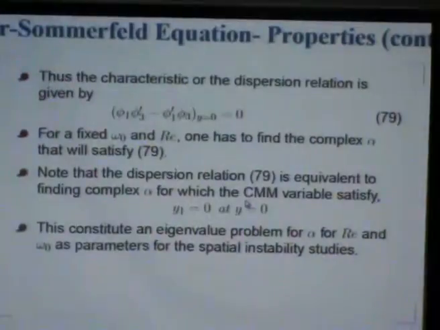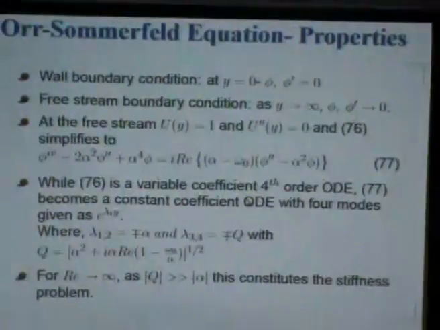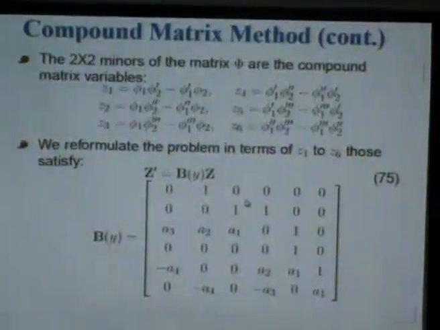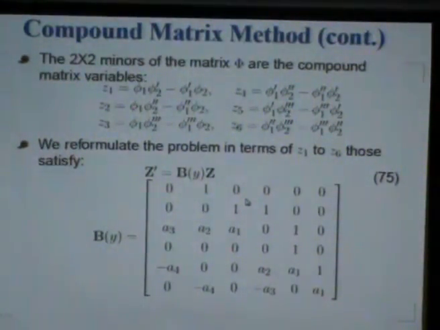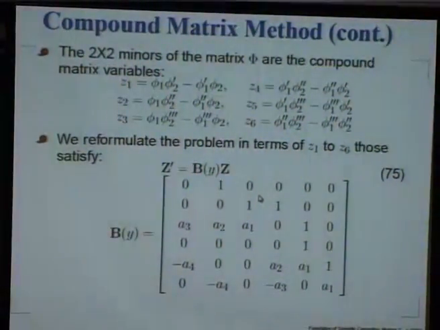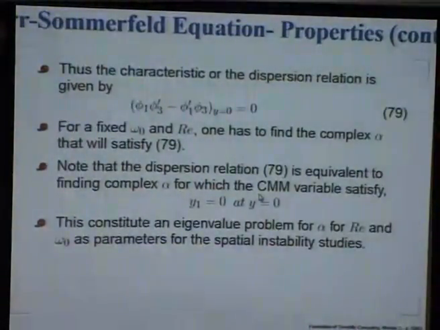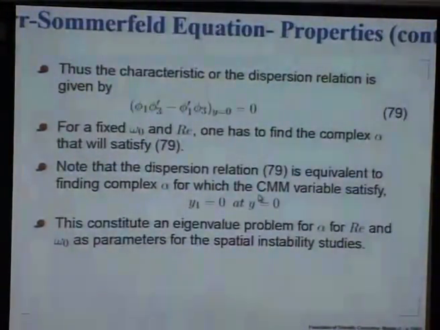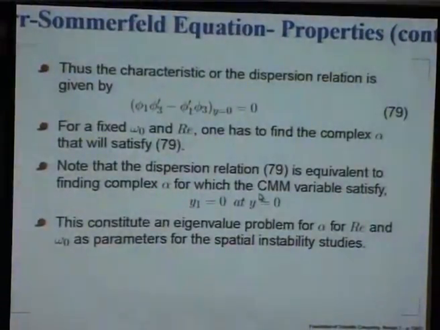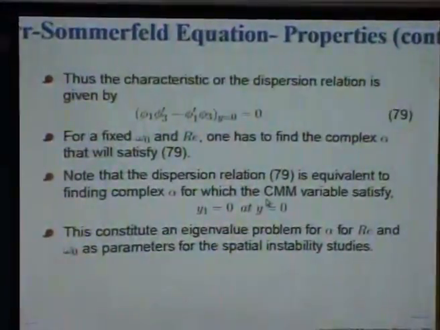Now, what is this quantity? If I look at the definition of Z1, that is that quantity, right. So, the dispersion relation that we wrote down comes about as the first compound Z1 evaluated at the wall, which has to be set equal to 0. Okay. So, that is your dispersion relation.